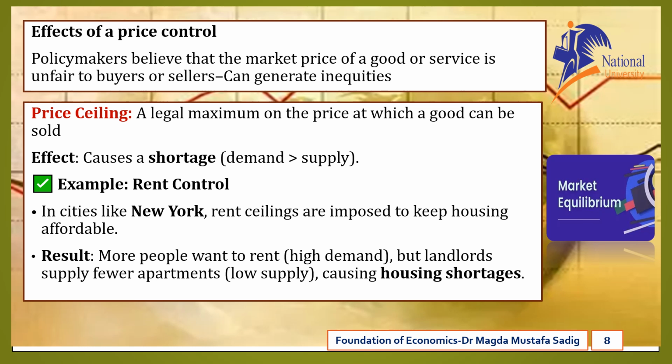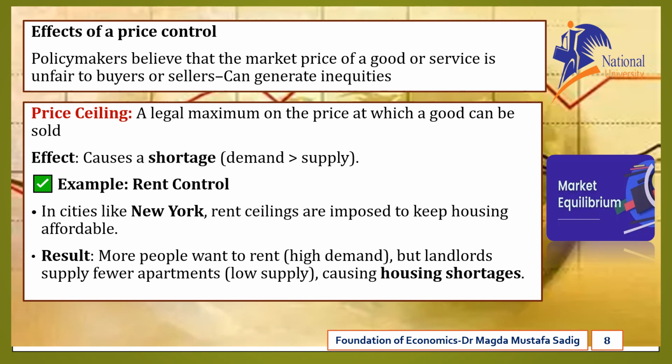So now imagine that policymakers think the equilibrium price is too high for renters. So they impose a price ceiling below the equilibrium price. This is a legal maximum price landlords can charge for rent.